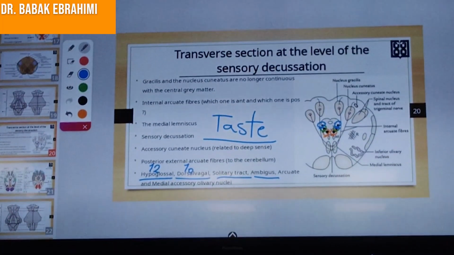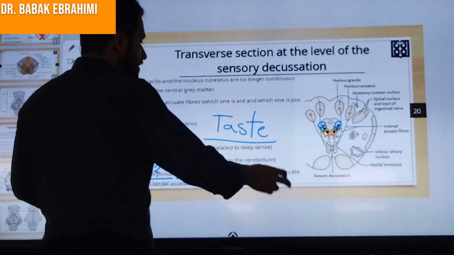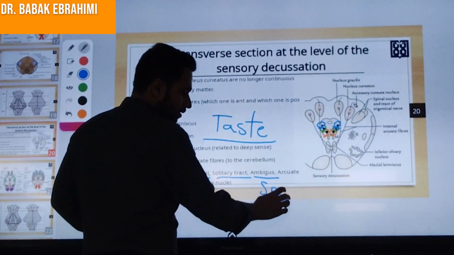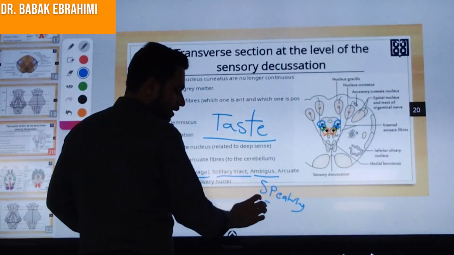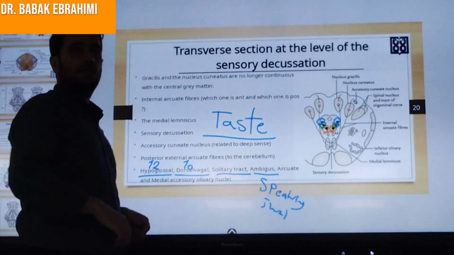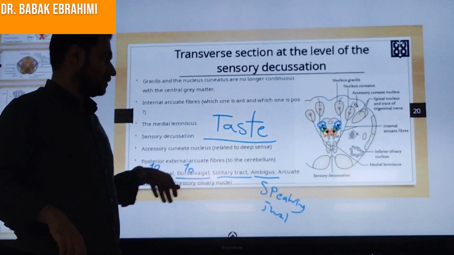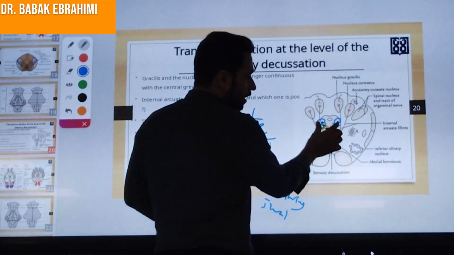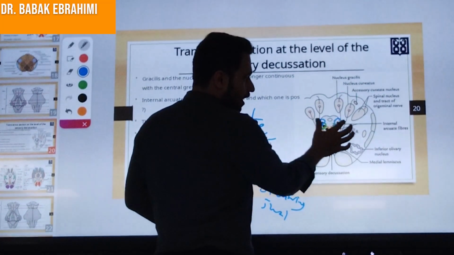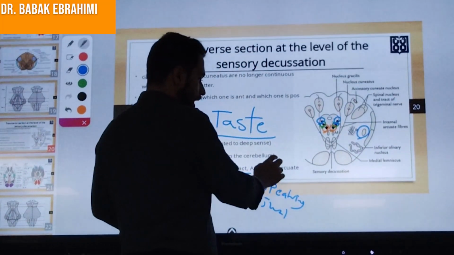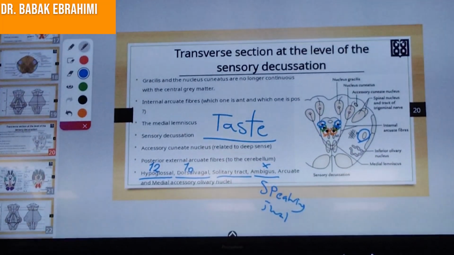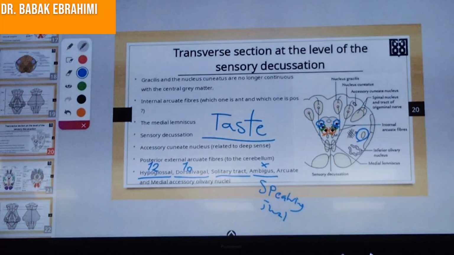It shows that every cranial nerve which is involved in speaking and swallowing, and the rest of them is not important. So you are seeing hypoglossal, dorsal vagal, solitarius, and this one is ambiguous. These four are important. We will discuss them at the next session. You can go.